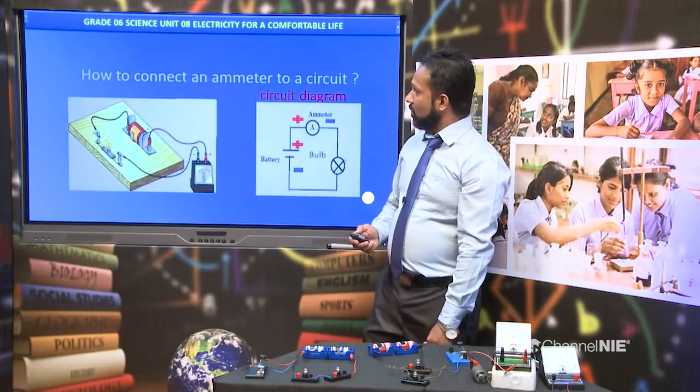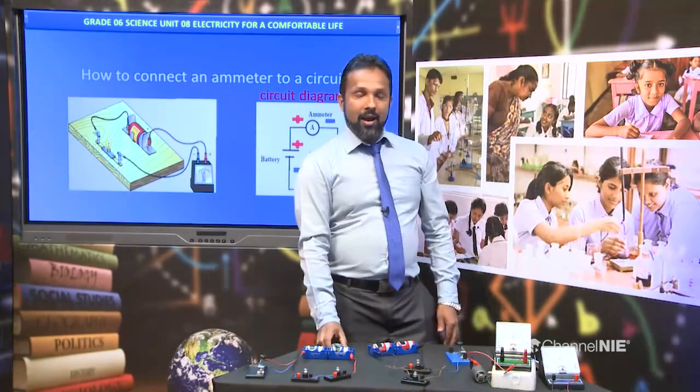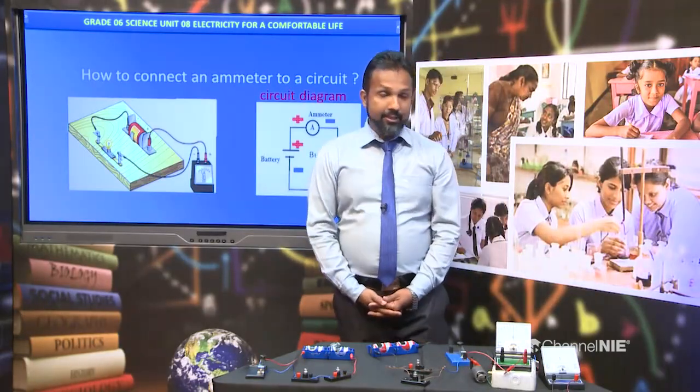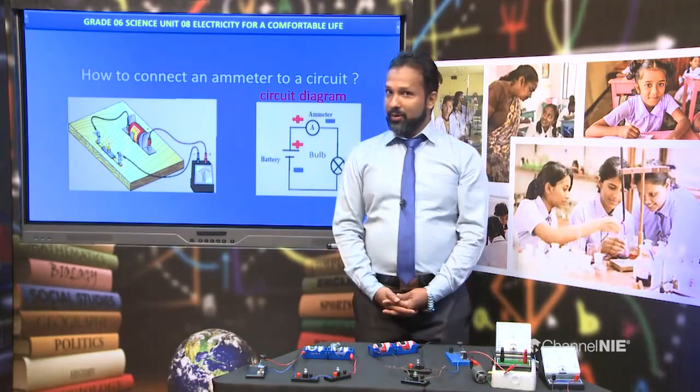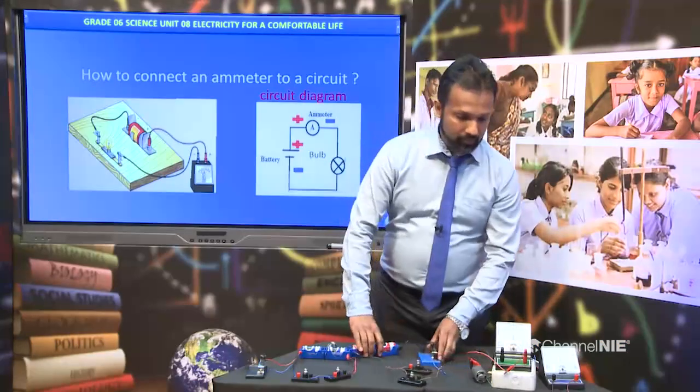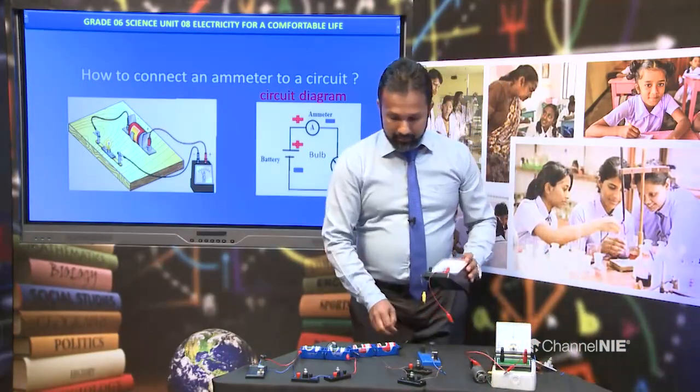Right. Now let's learn how to connect an ammeter to a circuit. As you studied earlier, you can remember the ammeter consists of a negative terminal and a positive terminal. So when connecting that, we must consider the terminals. I will show you how to connect an ammeter to the circuit. This is the ammeter.